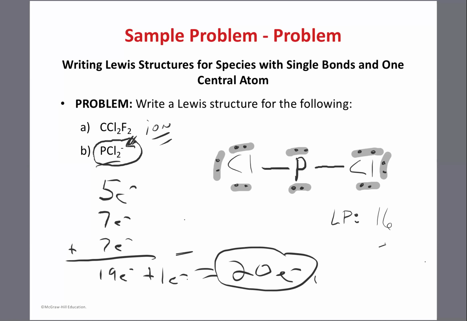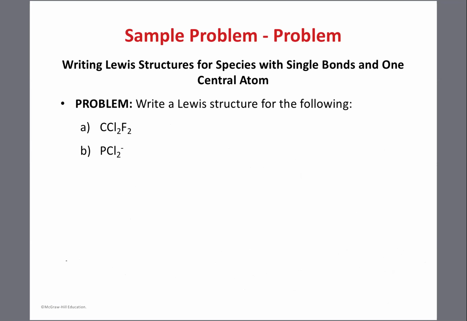I think we had 16 lone pair electrons. Is that right? Okay. And then how many bonding pair electrons? Okay, so is that how many that we had to use? Would that be okay then to do this? All right, so it kind of passes this quality control check. All right, fair enough.